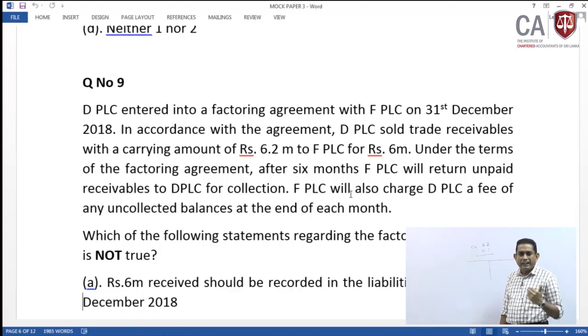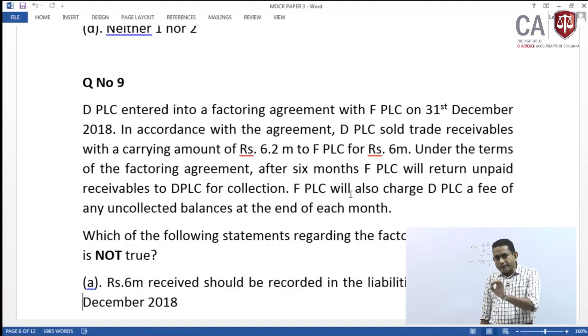You need to get back to those and refresh yourself before you attempt this question if you are not sure about the answer. Now, the financial asset, debtors, are recorded at 6.2 million here. You factor it and you have collected 6 million rupees.